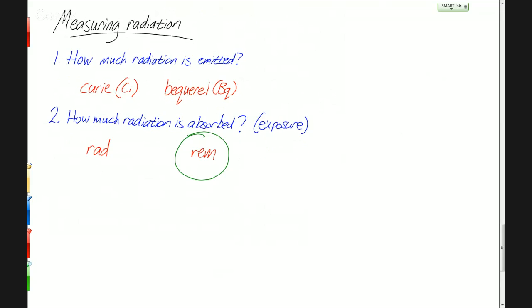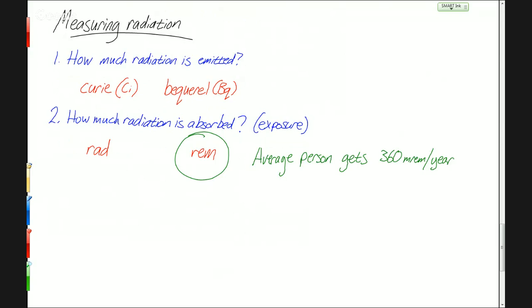So the average amount of radiation that a person gets per year is about 360 millirem. So 1,000 millirems in a rem. The average person gets about 360 millirems in a year.